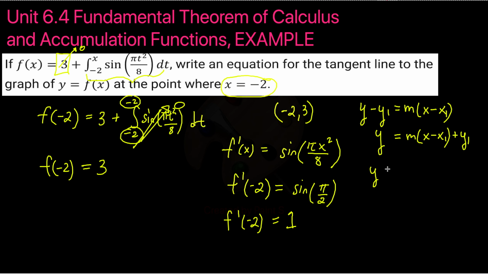What is y? y is 1 times x minus x1, which becomes plus 2 because x1 is -2, plus y1 is 3. And I believe you could just leave it as x plus 5 or this one. I don't know which one, but that's your answer.